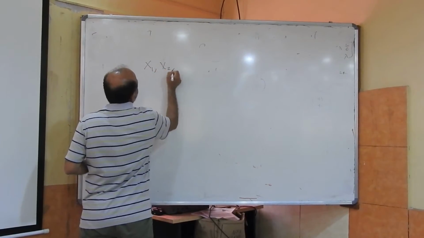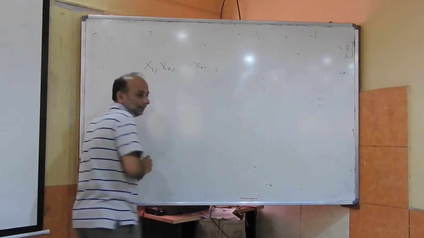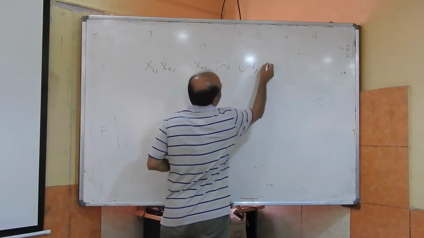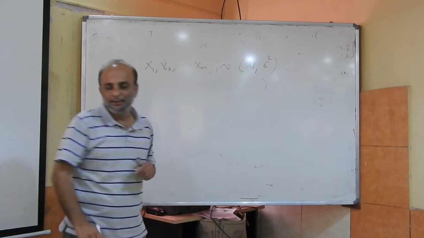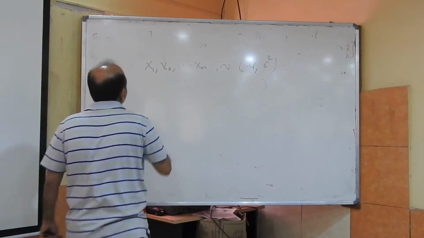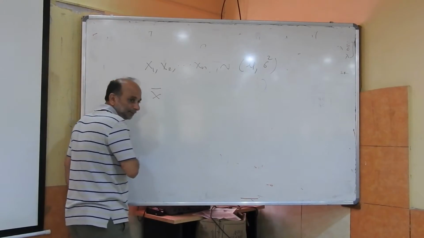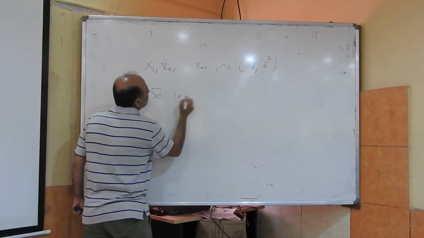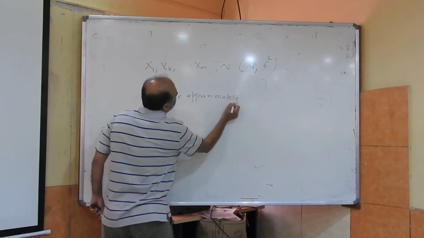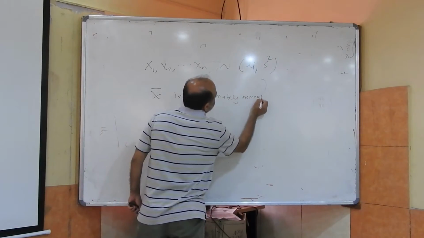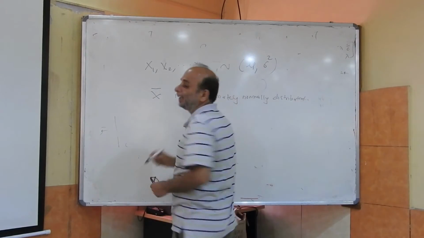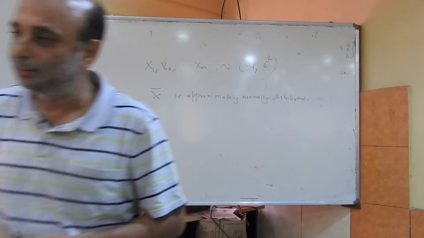If x1, x2, ..., xn follow whatever distribution with mean mu and variance sigma square, then we argued in the last class that x bar is approximately normally distributed.